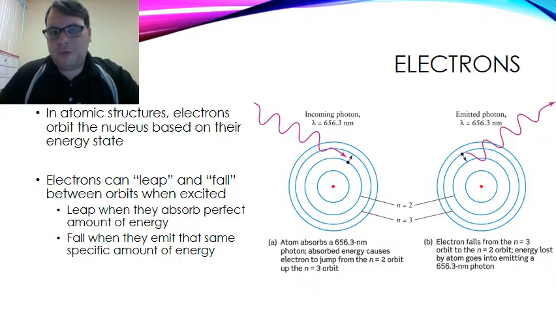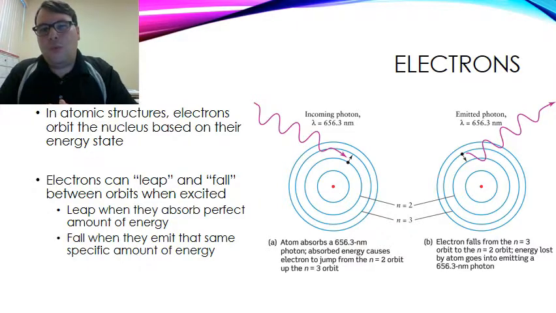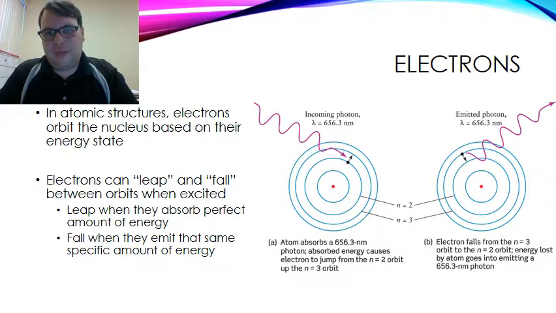But what happens when that kitten gets tired? They fall back down into a lower energy state, which means they go to sleep. Well, electrons inside of an atomic structure leap and fall pretty much the same way. You add energy, they leap, they go to the next energy state. But they cannot sustain that energy state if energy is not constantly put into the atomic structure.